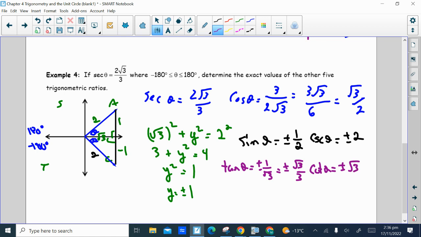That would be plus and minus root 3 over 1, or plus and minus root 3. So in the fourth quadrant, cosine is positive, as well as the secant. However, tan and sine, as well as their reciprocals, are negative. So that's why we have those plus and minuses there.